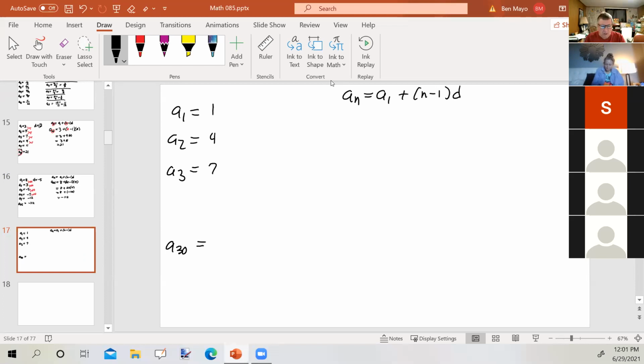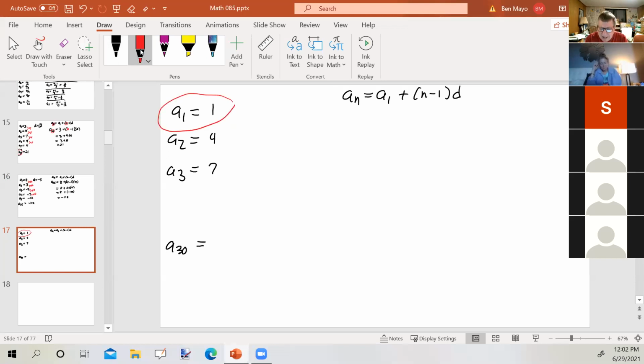They've given us not only the first term, but the first 3 terms, and they've asked us to find a sub 30. To use the formula, we need a sub 1. Are we given a sub 1? Yes, it would be the 1.